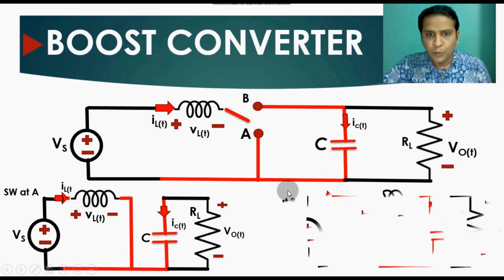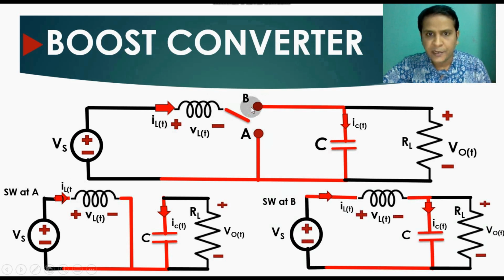Now when your switch is at position B, for this case your supply voltage Vs is connected to an inductor. Then we have a capacitor connected to this inductor, then we have a load resistance.